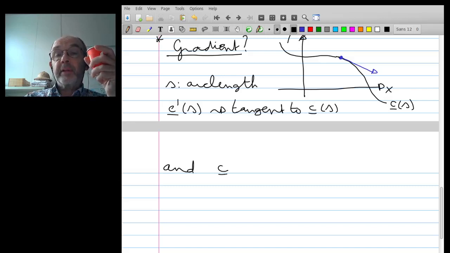The length of that tangent vector will always be 1, and that is of importance.